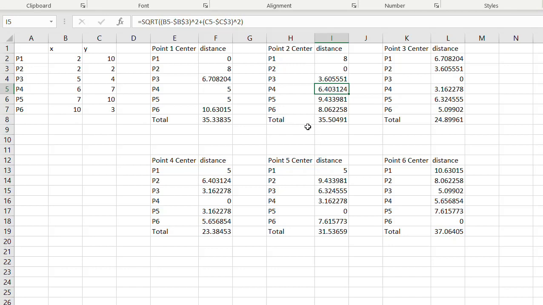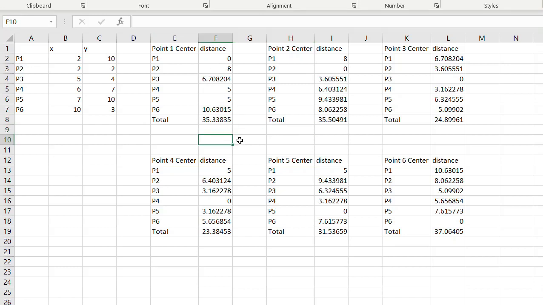And then here, again, we've summed, in this case, the distances between all the points and point 2. This one is doing the same thing for point 3, point 4, point 5, and finally point 6. So that's all this is. This is just calculating, again, the distance from one point to all the other points in the data set.